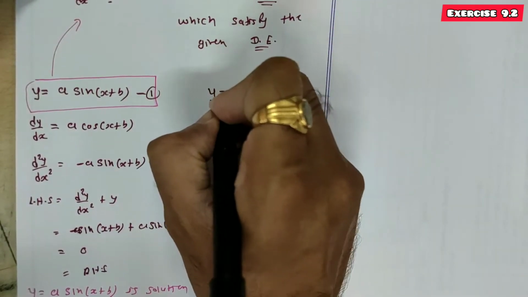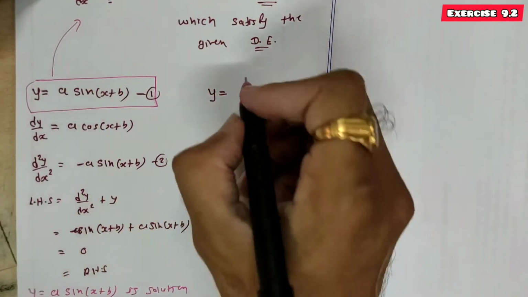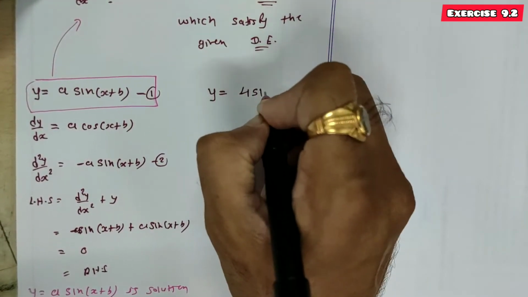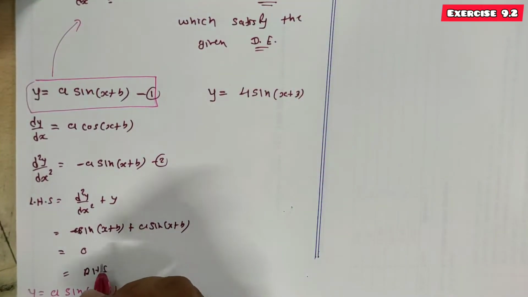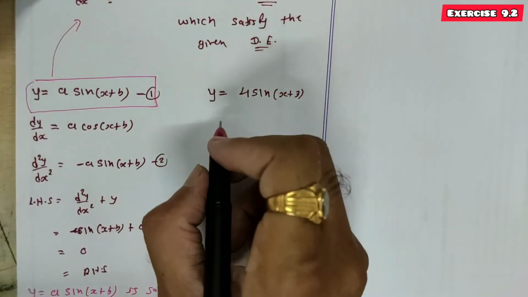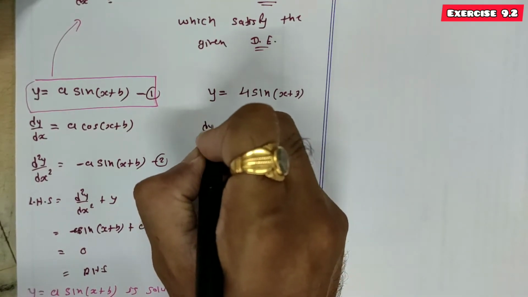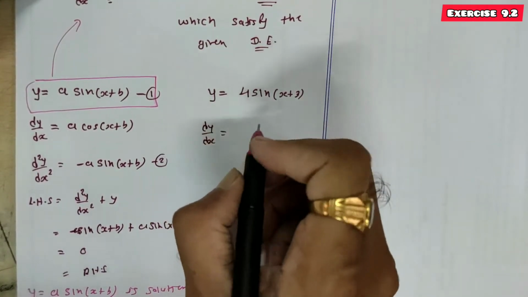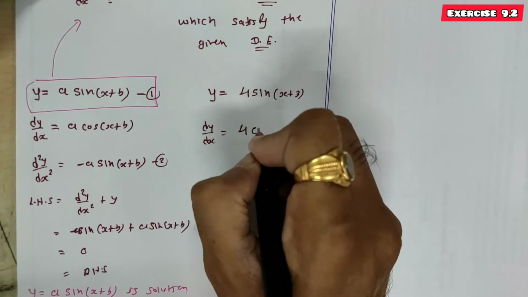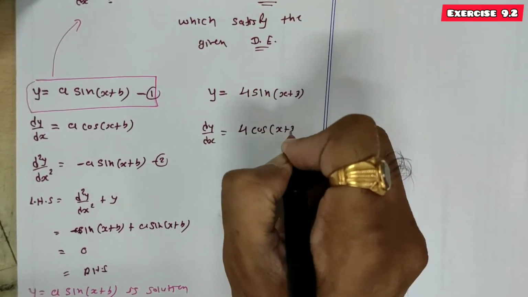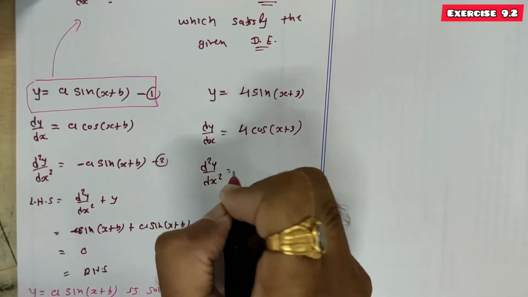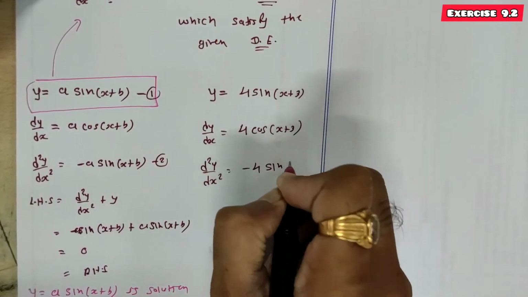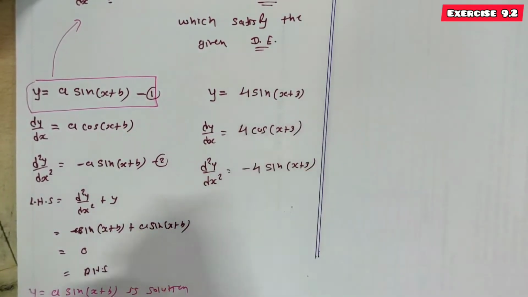suppose I am taking y equal to 4 sine x plus 3. Now what is the first order derivative of this y? It will be dy by dx equal to 4 cos x plus 3. The second order derivative d square y by dx square equals minus 4 sine x plus 3.